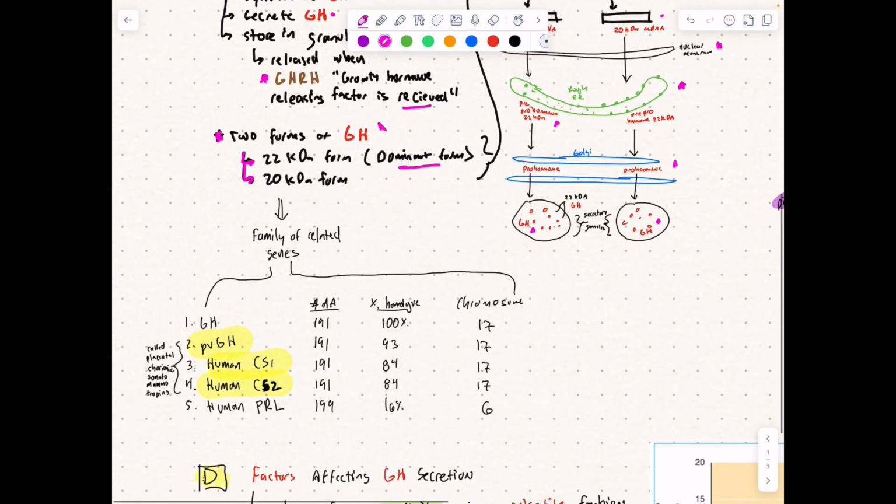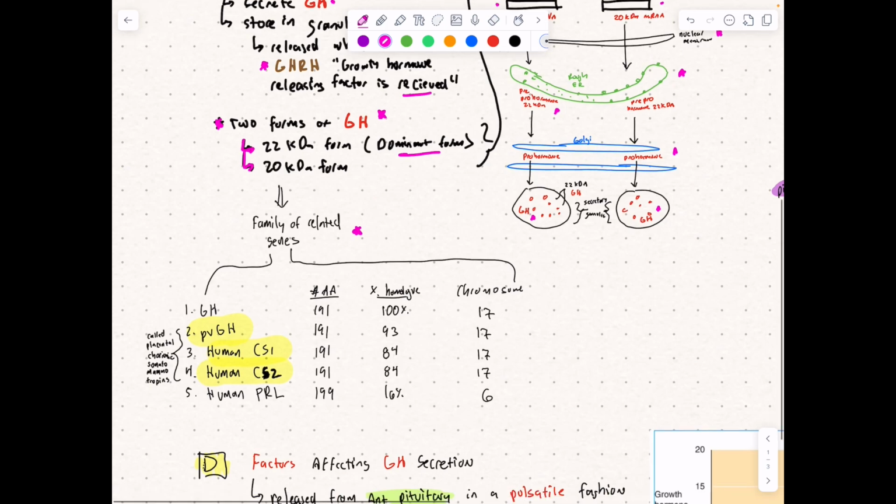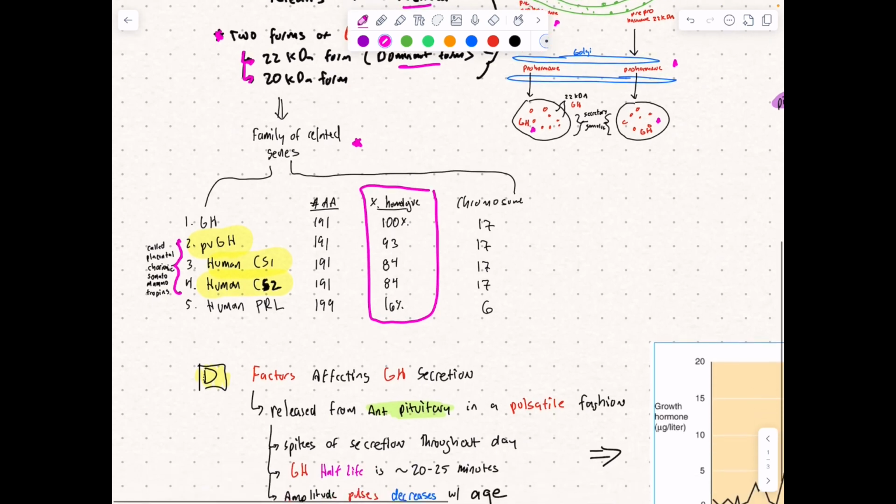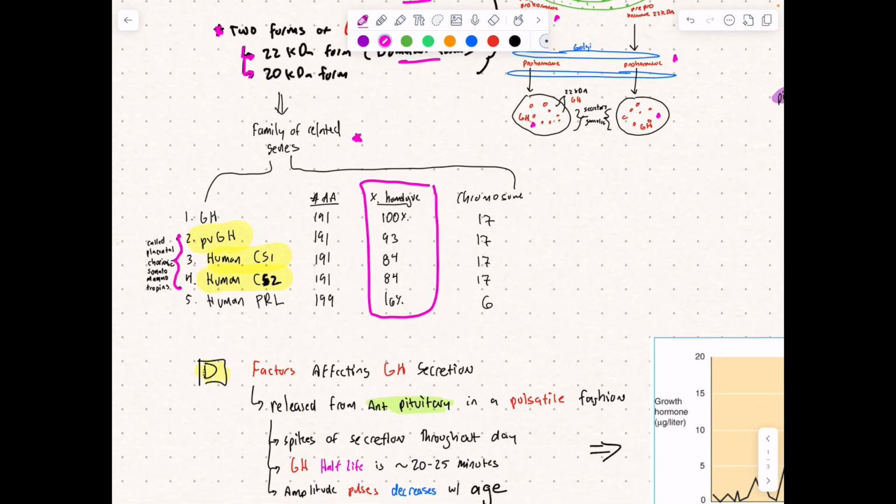The lecture pointed out that although we only have two forms of growth hormone, it does exist within a family of related genes. Specifically, we were told that there are three that are very similar. You can see homology is the percentage that's the same in terms of structure, I believe.